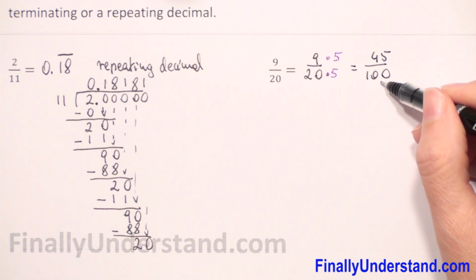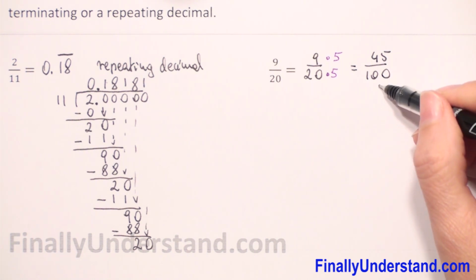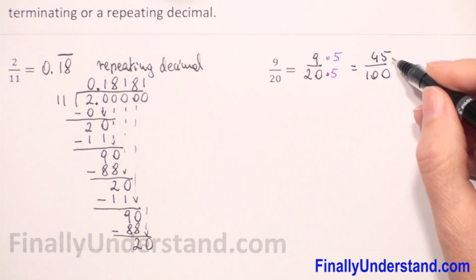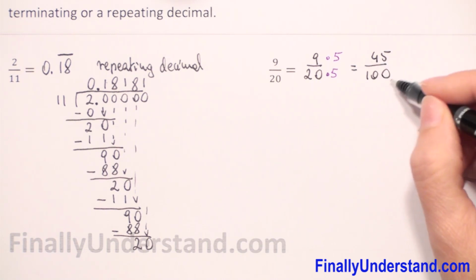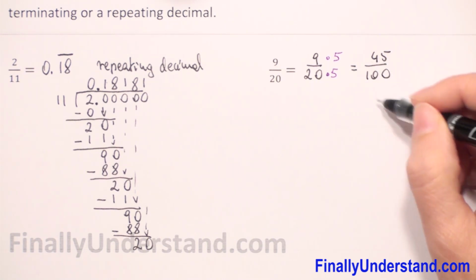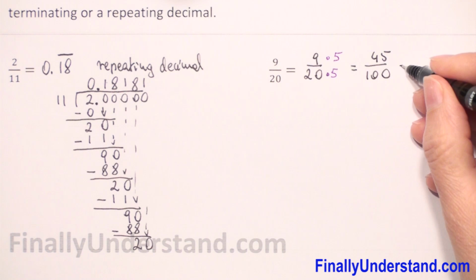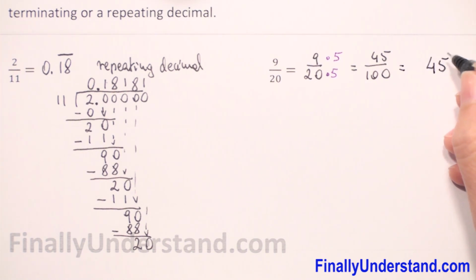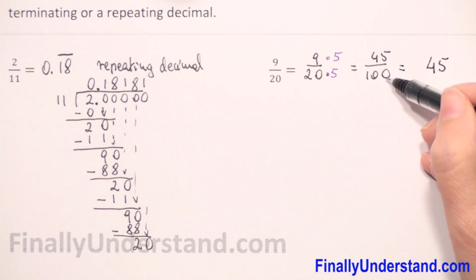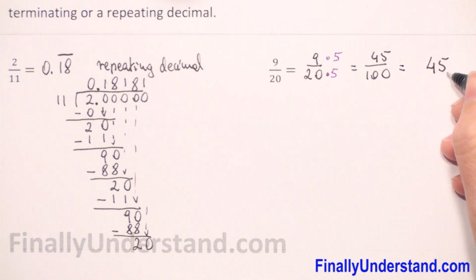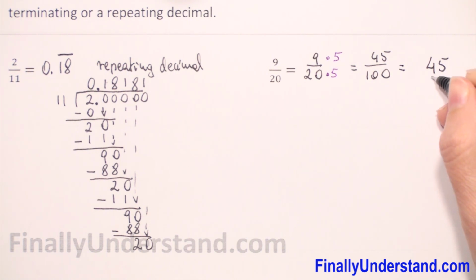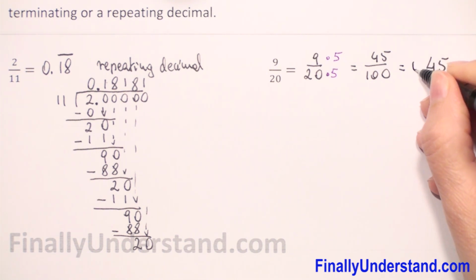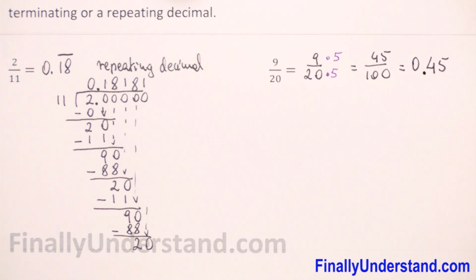When we have 100, 10, 1000, 10,000 in the denominator, we can change this fraction to a decimal without doing long division. We just copy whatever we have in the numerator and count how many zeros we have here. 1, 2. So from the right side we just cut 2 digits. 1, 2. And we add 0 and a decimal point.